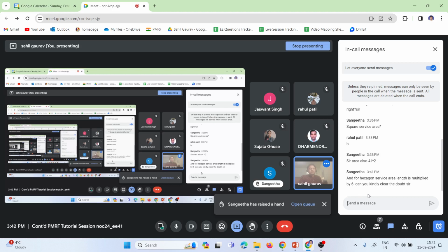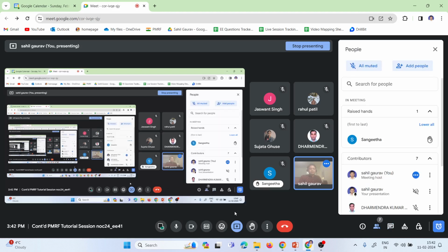So that's why in hexagon service area we multiply with 6, not the length. One expression we will see just later: TSN is equal to N into SN, and if N is equal to 6, then it will be 6 into S6. We will see.